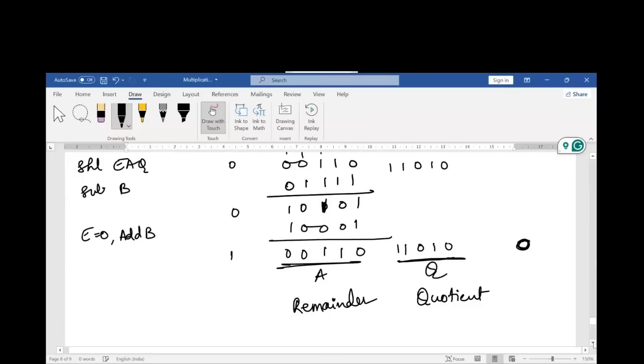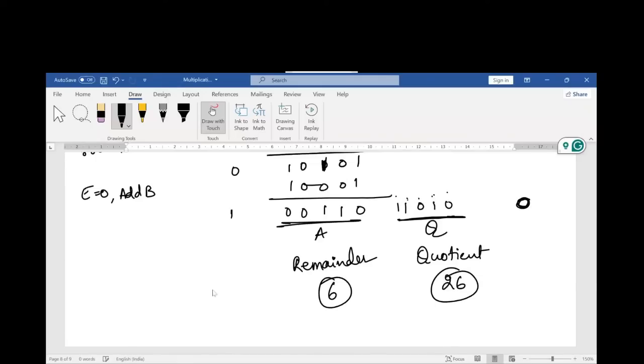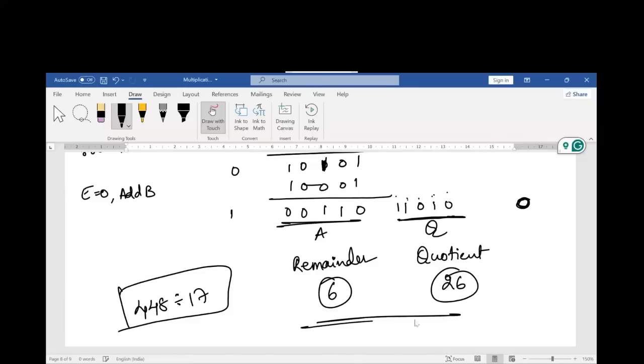Okay, so check what is 11010. Quotient 11010 is 1, 2, 4, 8, 16. 16 plus 8, 24, plus 2, 26. And remainder is 6. What was our number? 448 divided by 17. So if we check this, we will get this answer.